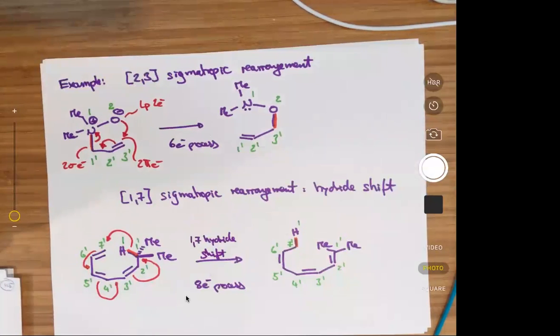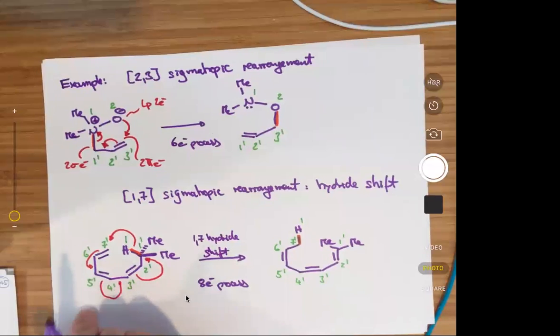All right, so the last part of this lecture, we're just going to cover the fourth category of pericyclic reactions, which are the group transfer reactions.